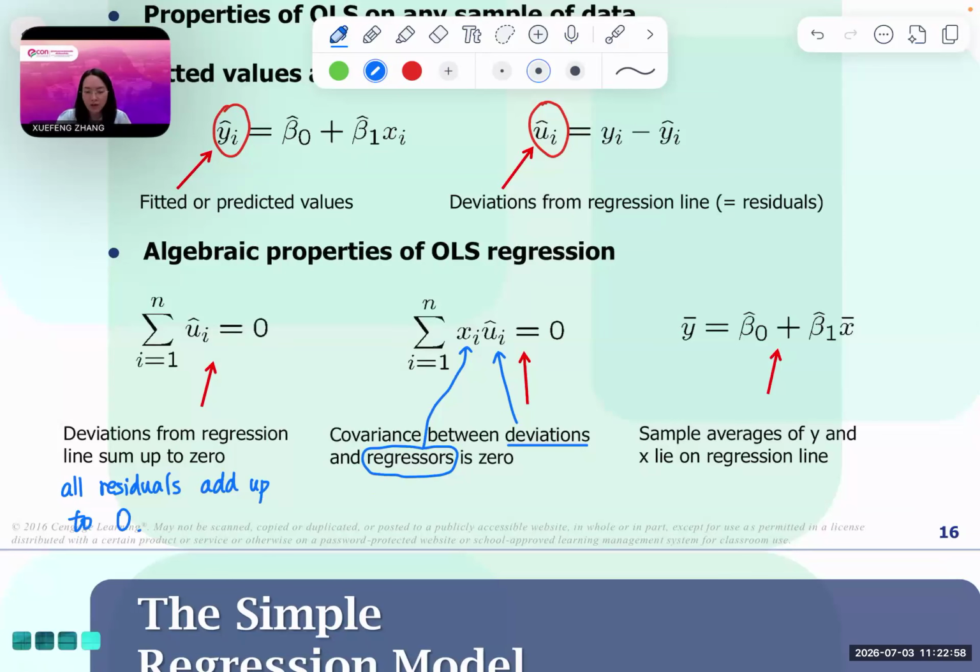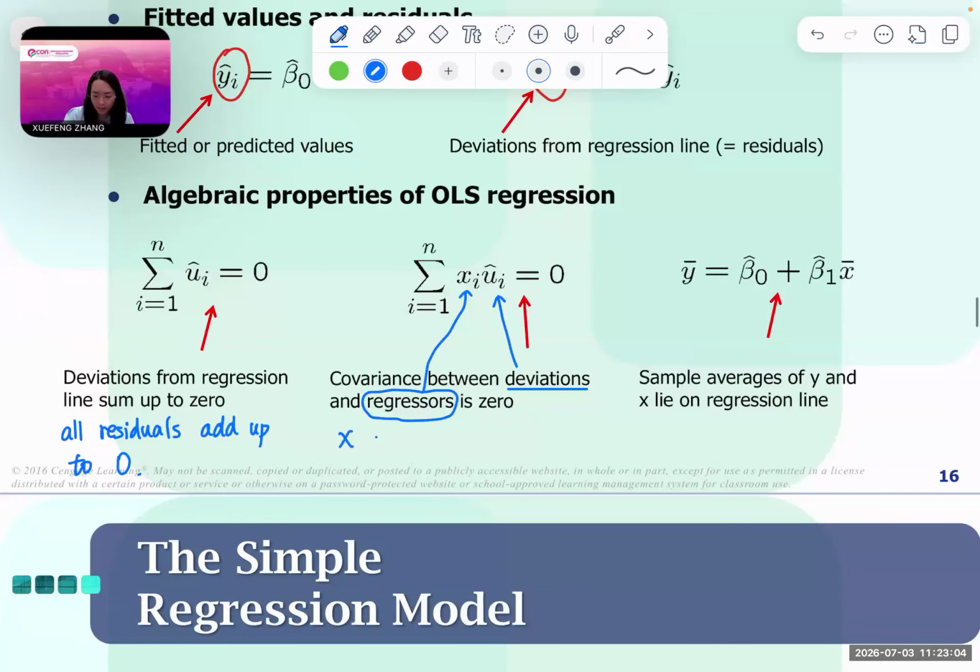In other words, x and the residuals are uncorrelated. X and the mu hat are uncorrelated.